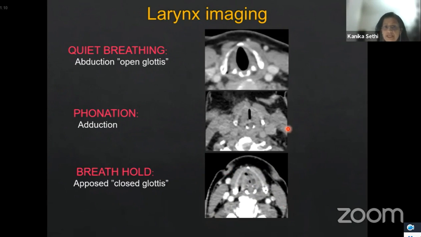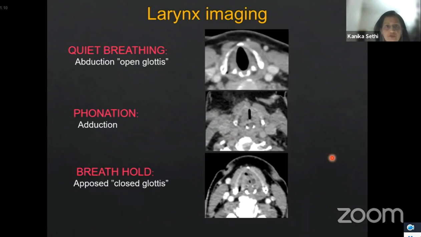So quiet breathing, and then if you are imaging the larynx, you do a phonation maneuver. That is, you ask the patient to say E, in which the vocal cords adduct. So that's the brief anatomy of the larynx, and how you image the patient on a CT scan when you are analyzing a laryngeal pathology.